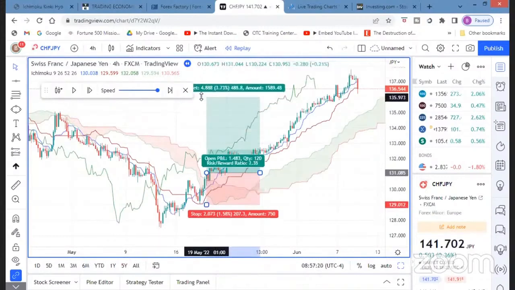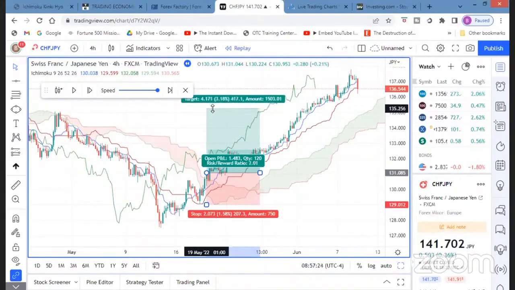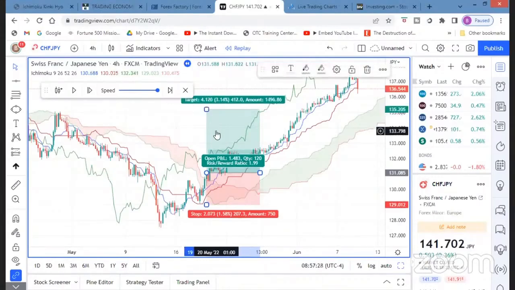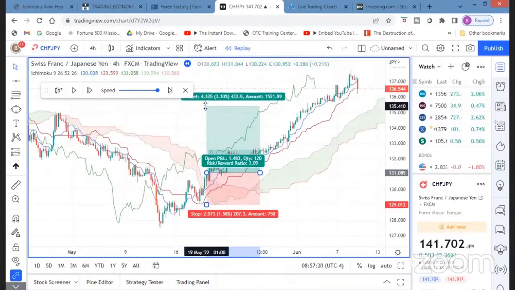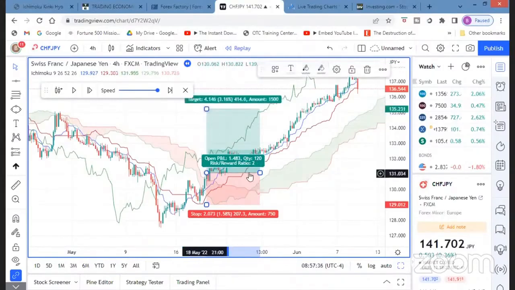What is that? 200 pips. Again, it's a 4-hour. Do I want a 2 to 1? At least a 2 to 1. Some people go 1.5. Some traders like going 1 to 1.5. Whatever. Do I come in?